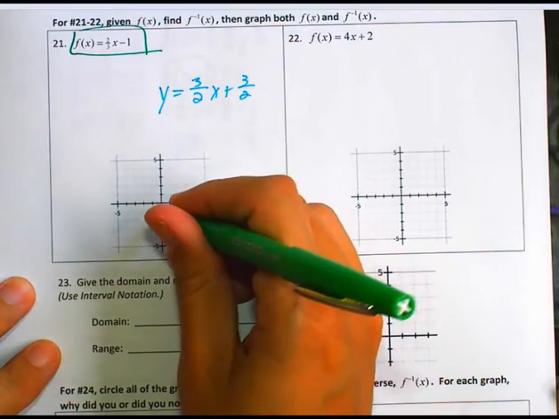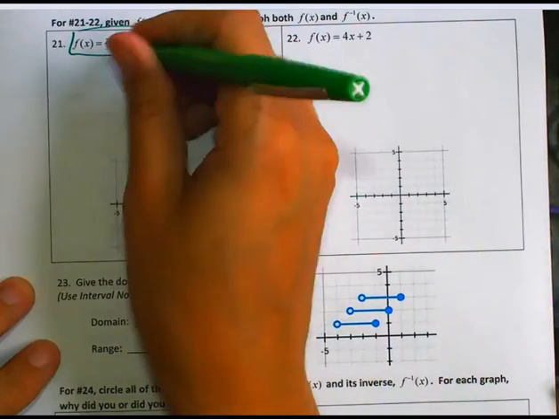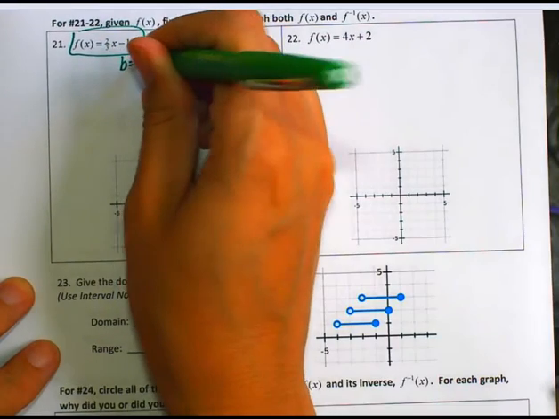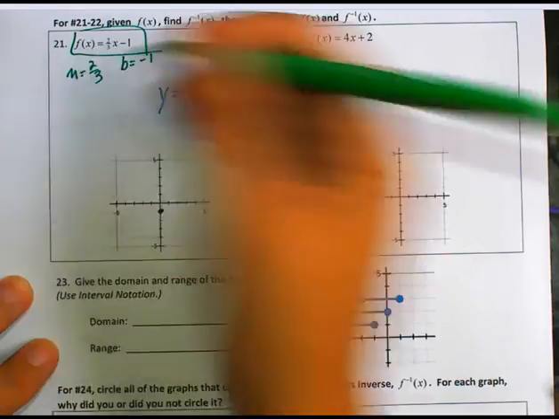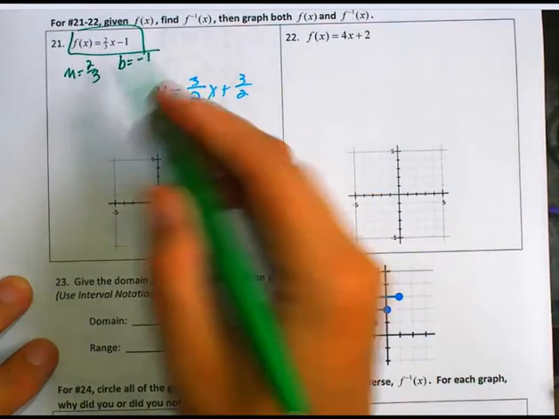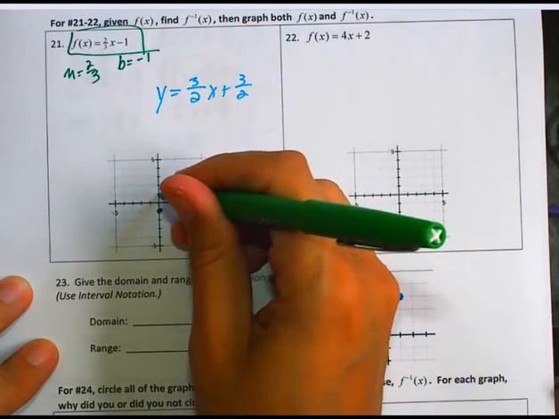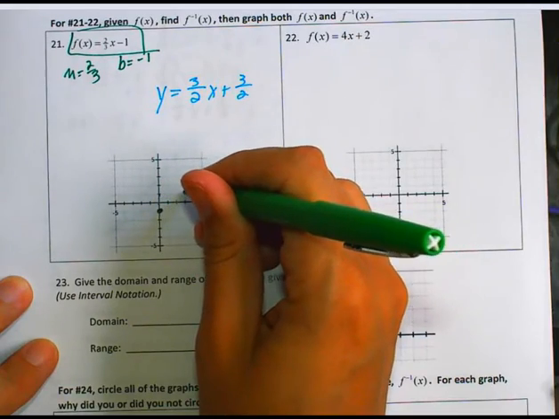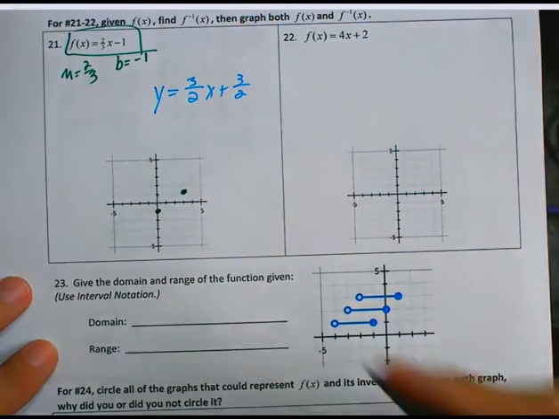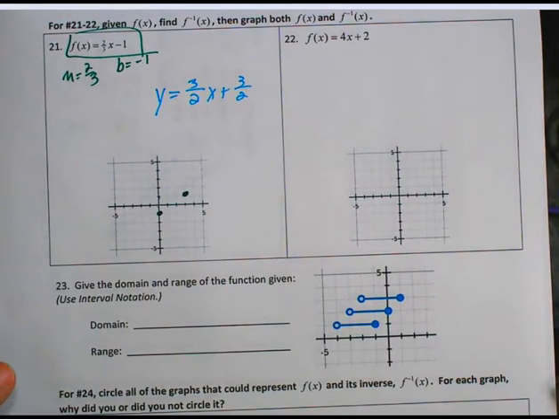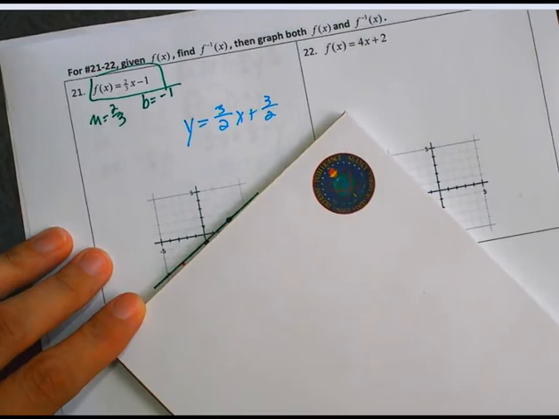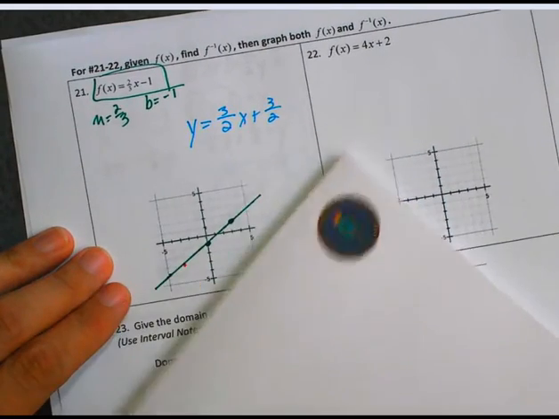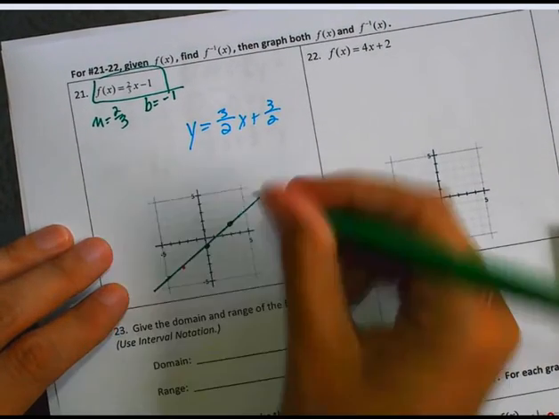So I'm going to start here at -1, because I know my b is -1, and then my m is 2/3, so I'm going to go up 1, 2, 3 and over, and then draw a line. I don't have a ruler, but I use the edge of this piece of paper to create a line here.